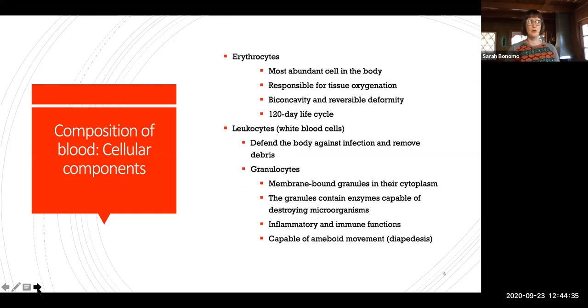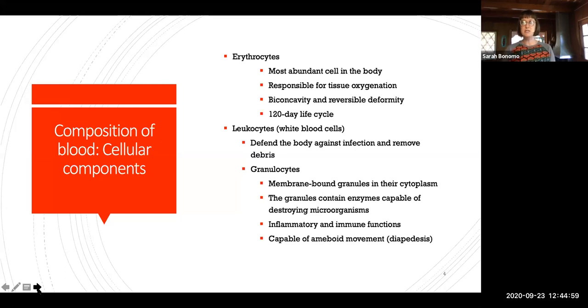All right, so let's talk about the composition of blood. So what's in it? What cellular components are in blood? So we've got erythrocytes, which we talked about kind of in the first weeks of class. And erythrocytes, remember, are our red blood cells. We have, in men, red blood cells make up about 48% of the blood, give or take. And in women, it's about 42%.